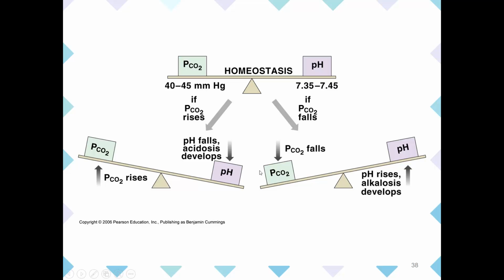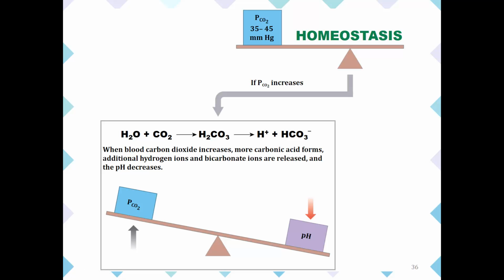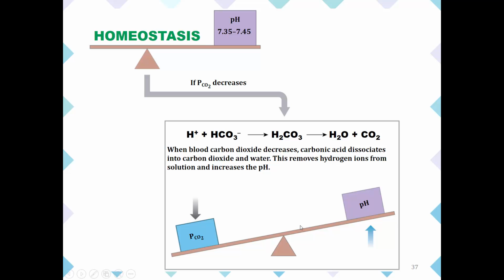So restoring regular breathing patterns will bring us back into balance. Okay? And so that's what the figures in your book are showing. Excess CO2 causes acidosis. Too little CO2 will cause alkalosis.